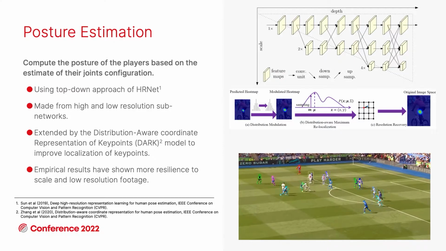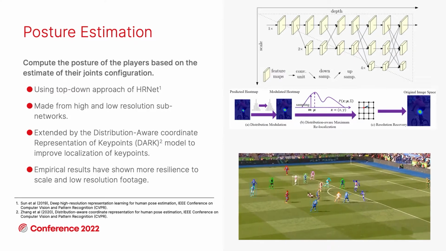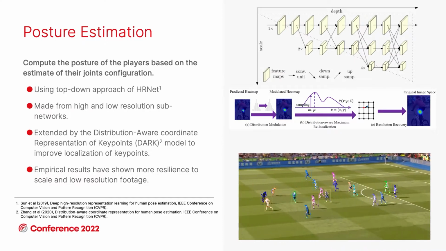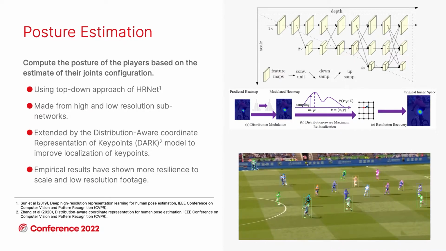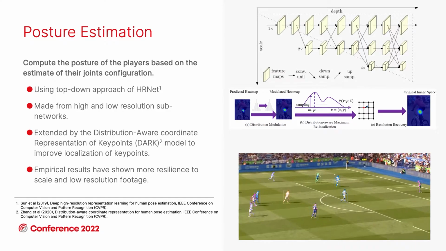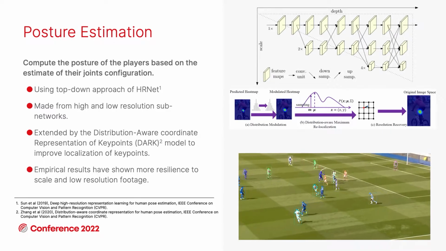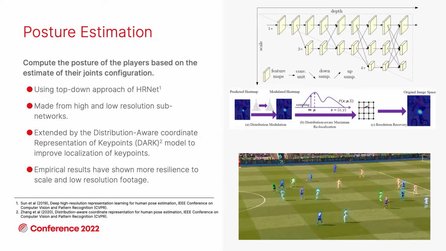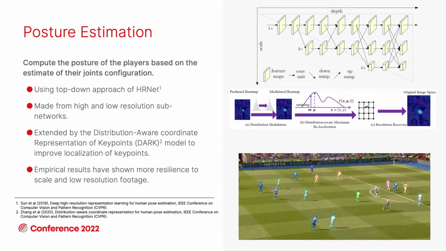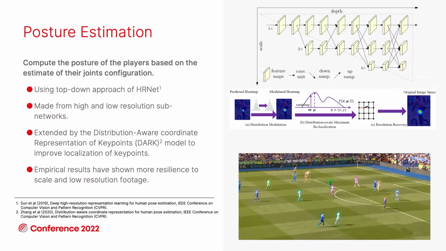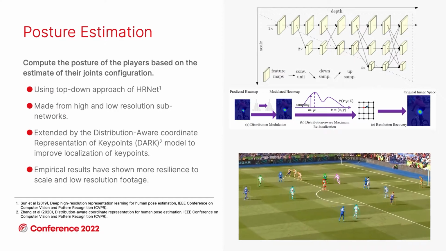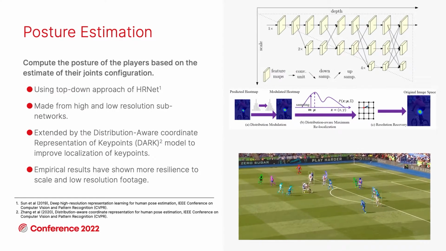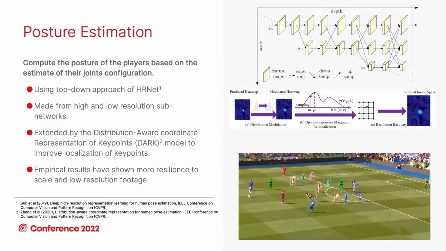But with broadcast footage, there are not a lot of pixels for each player to know where their shoulders, eyes, ears are. Sometimes these are not even in view because they're turning their head. So it's a very challenging problem, and this is where the scanning really heavily relies. If we can solve that problem, then that gives us a lot of hope to be able to solve the problem of detecting and estimating the scanning correctly.